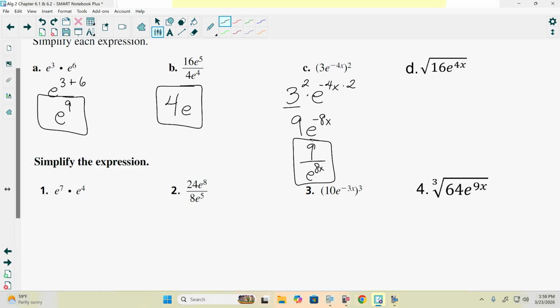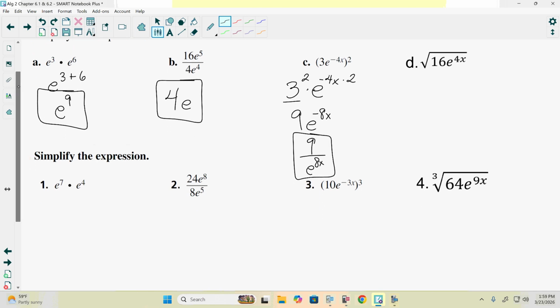The exponent sign is the only thing that's changing, not the number. It's not going to go from having positive e to negative e. It's the exponent that's changing. If they have a question like this on the ACT, they will definitely put negative e to the 8x as a possible answer choice. Just to see, are you going to change the sign of e, not the exponent?